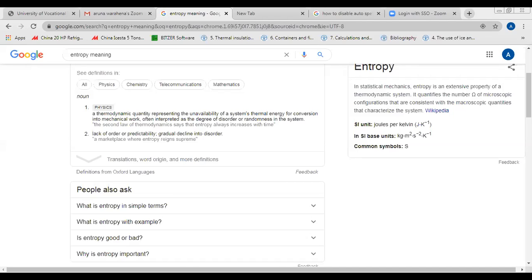Unavailability of a system's thermal energy for conversion into mechanical work. Okay, so the entropy increase means unavailability of energy for mechanical work. That is what entropy increase means.